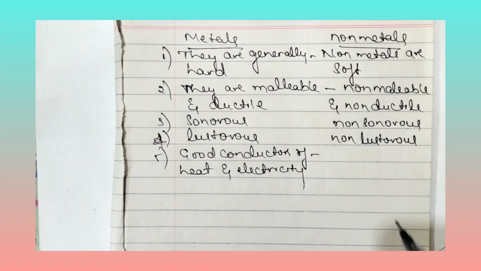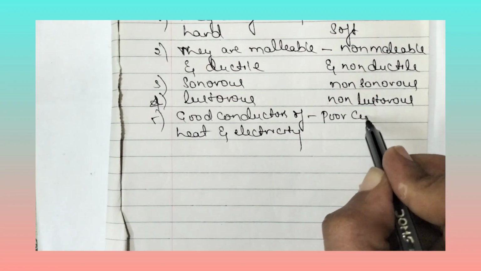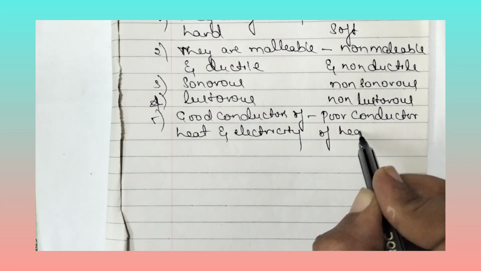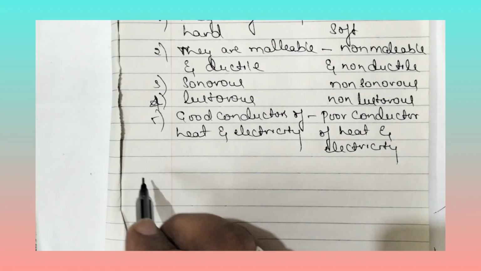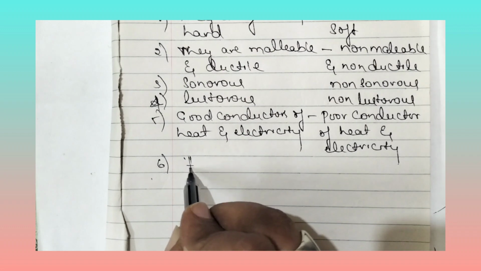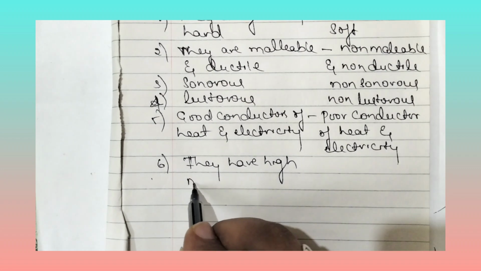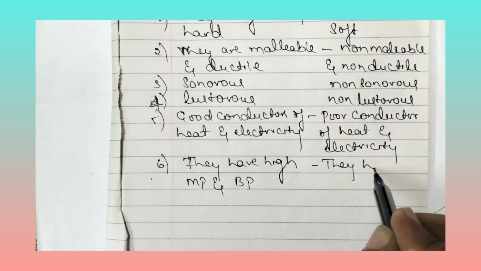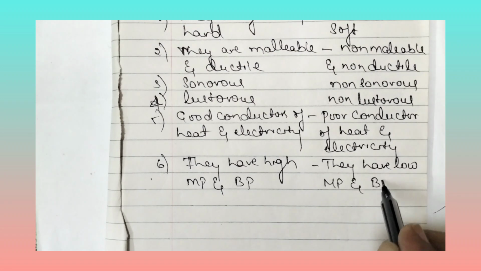Non-metals are poor conductors of heat and electricity. So these are the physical properties, and you can also write that metals have high MP and BP, high melting point and boiling point. Non-metals have low melting point and boiling point.